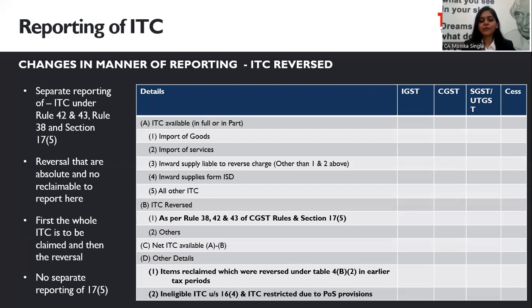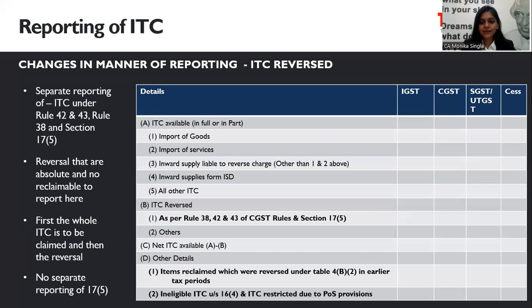In that case, the CGST and SGST of the state where the POS falls will be charged, and since the recipient is located in a different state, he will not be eligible to claim the credit of CGST and SGST of some other state. So such ITC will be reflected in 4D2.